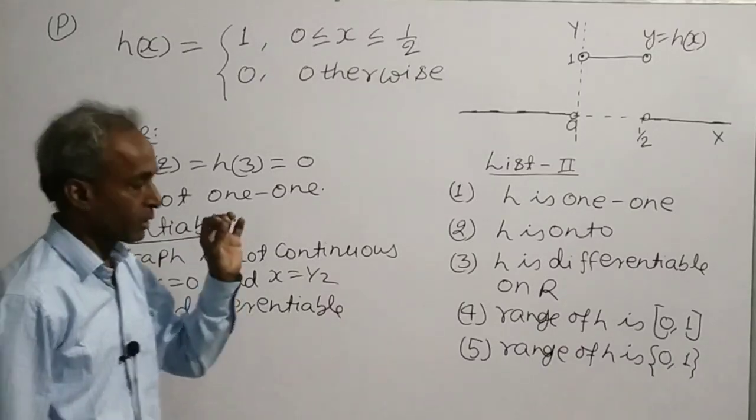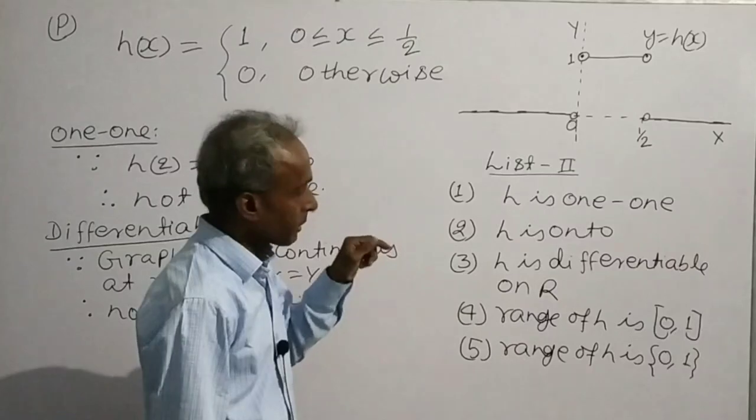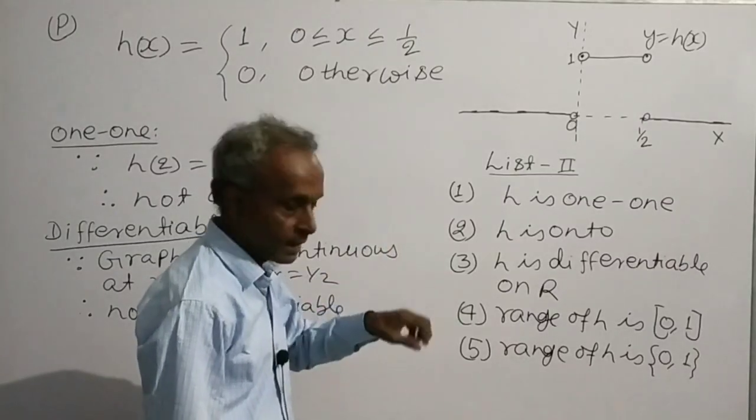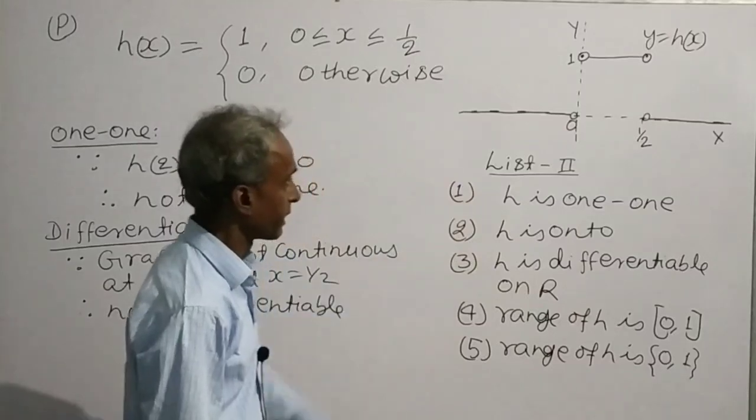The point where the graph breaks, the function is not continuous at that point.